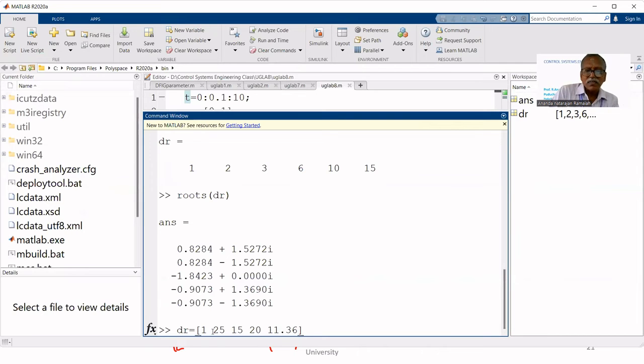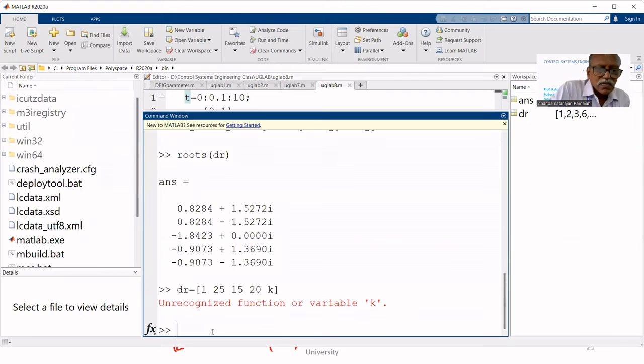We can also enter k directly, or we can vary k. That is also possible. K equal to 11.36.